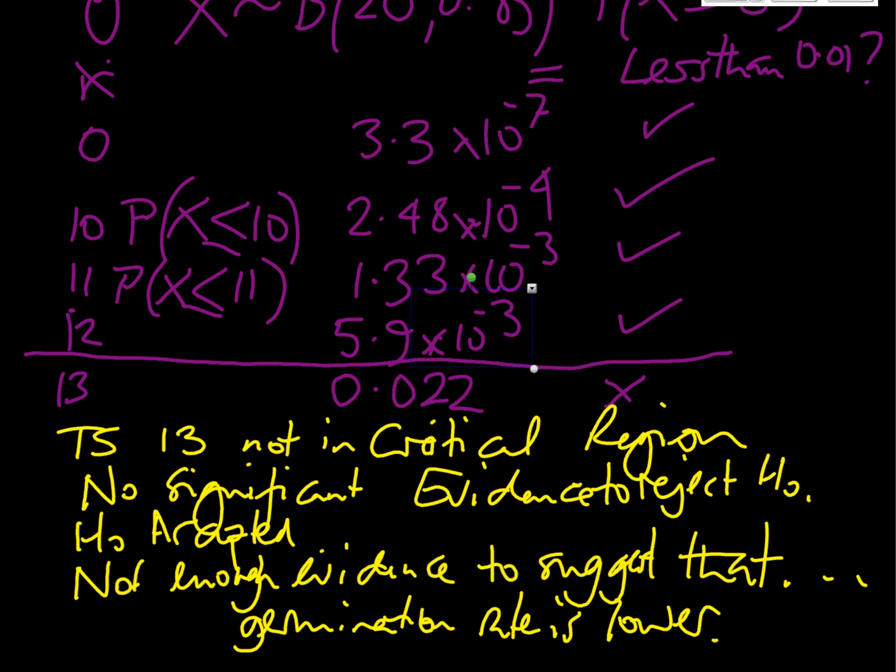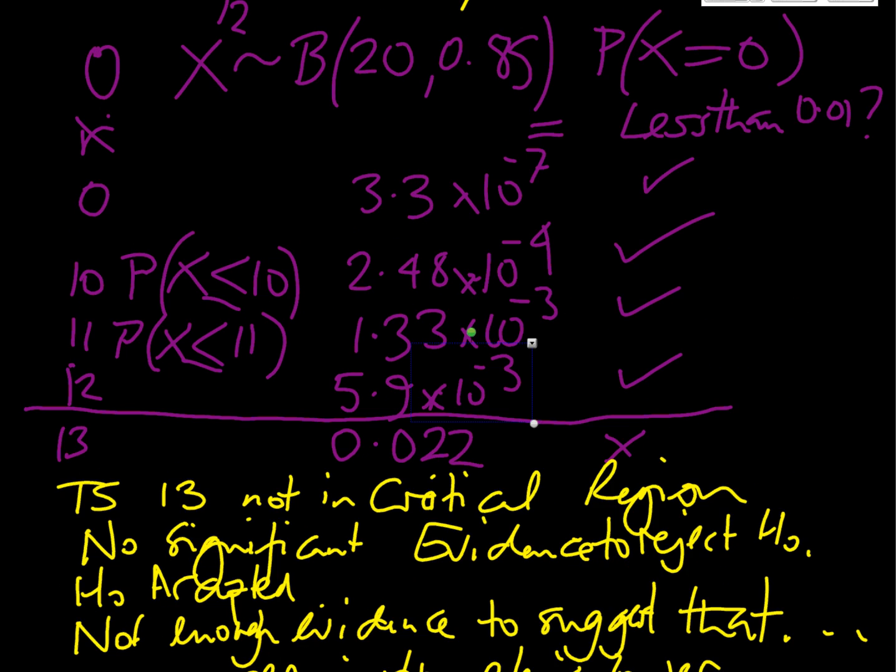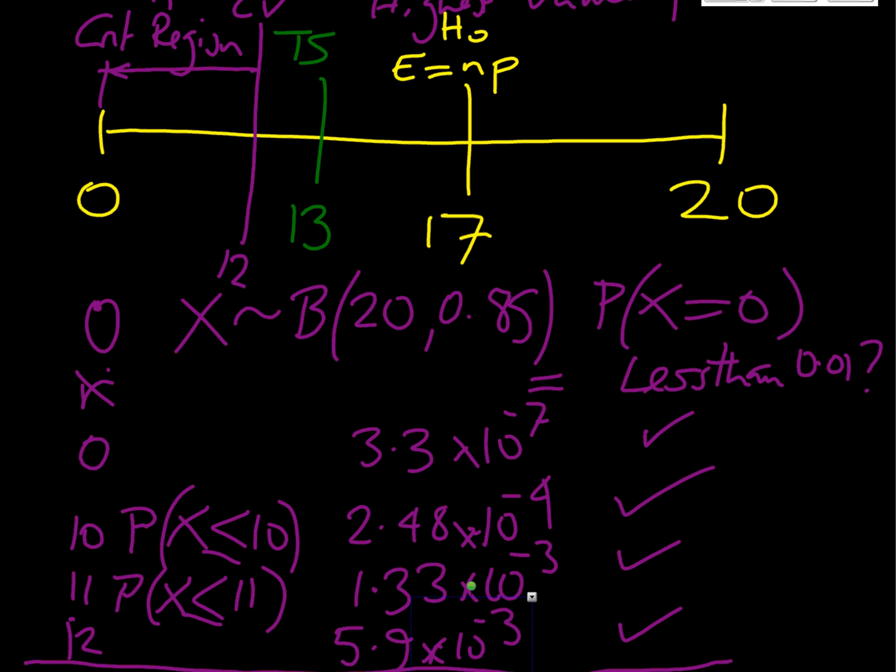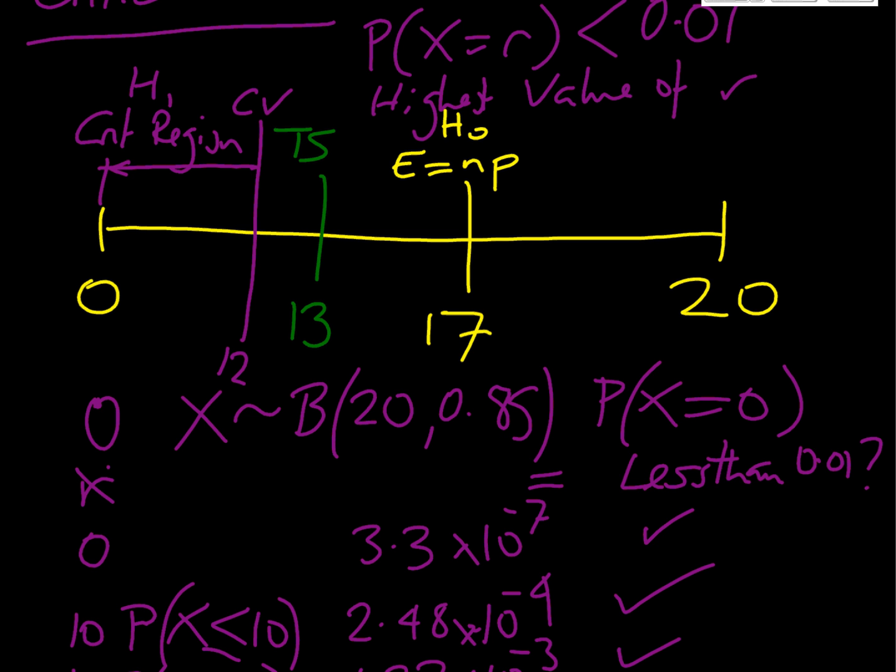If we go back up here on our diagram, we can see what we were doing. We created our line. We found where we would expect the outcome to be if the situation was as we predicted in our H0, i.e. 17. We actually got our result of 13 germinations, but to be statistically significant, we needed a result between 0 and 12 germinations.